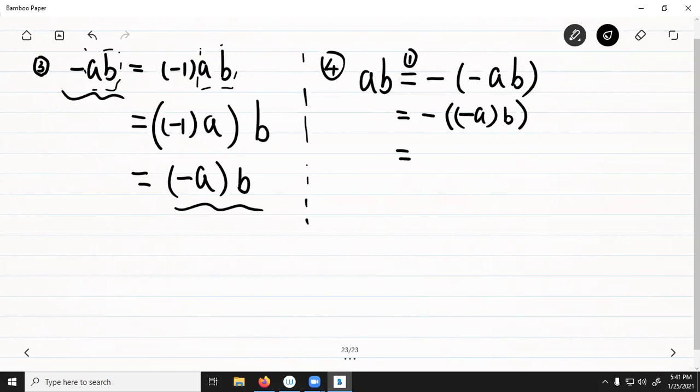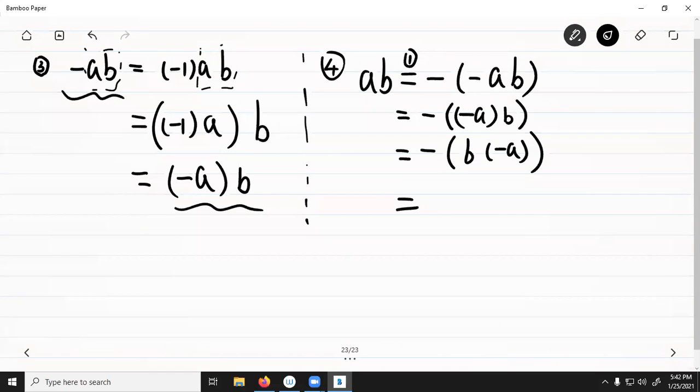Then we can interchange the order because this is multiplication, right? We have the axiom to guarantee you can do that, which gives B times negative A. Then we use the third result again.